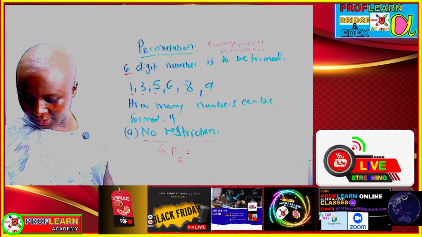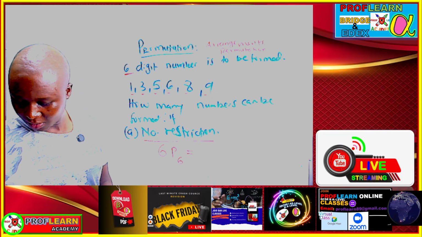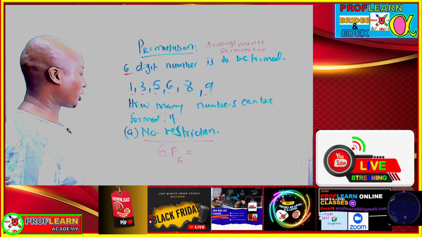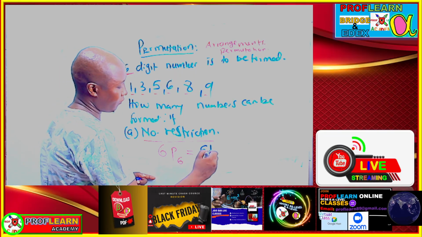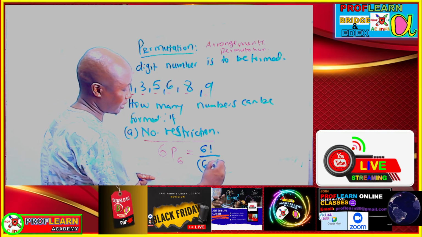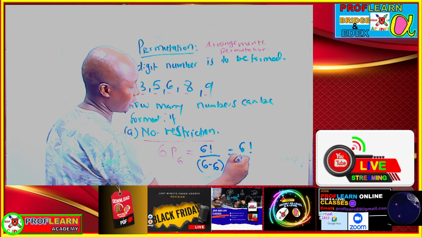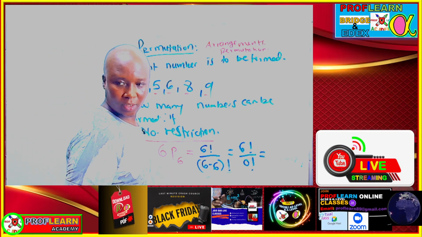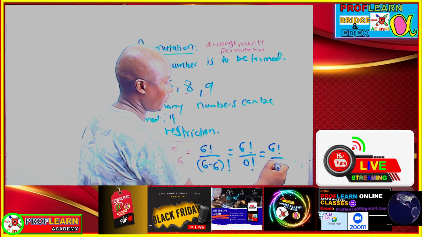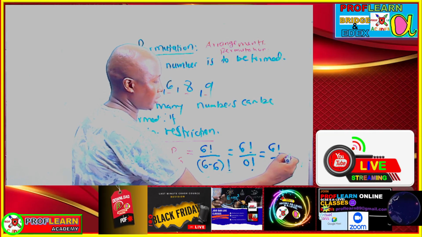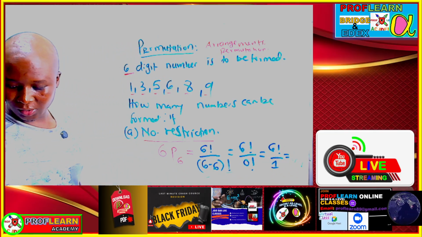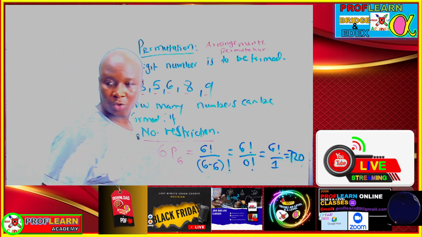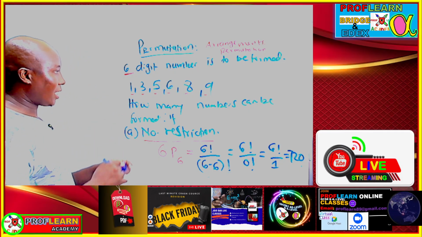So in this case, without any restriction, we have 6 permutation 6. This is 6 factorial divided by 6 minus 6 factorial. This is 6 factorial over 0 factorial, and basically this translates to 6 factorial over 1. So if you work this out, your answer should be 720 without restriction.